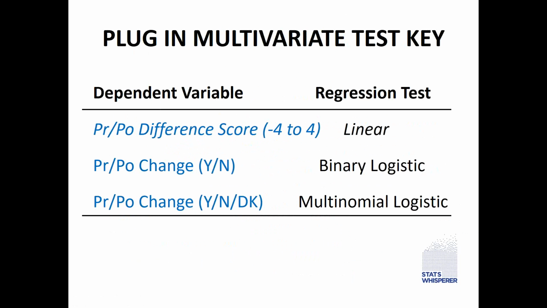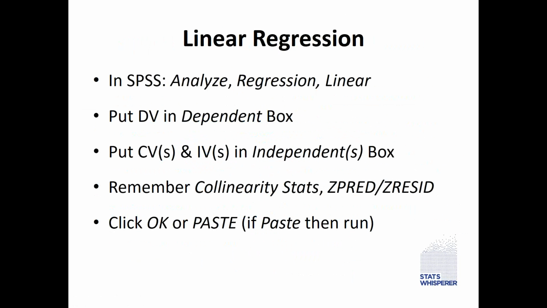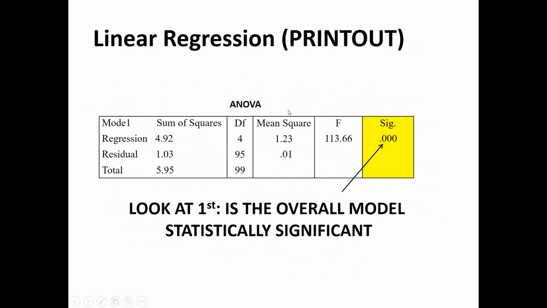So because it's continuous, we're going to use linear regression. So here is the path for linear regression. And remember, on the fourth here, are collinearity stats and a z-pred, z-resid plot. So let's look at that quickly in SPSS.